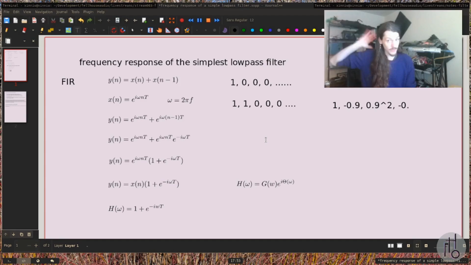Uses a bunch of data from the prior input samples, and we would get a steeper cutoff frequency. The downside to that is because we had to use so much prior sample information, we're introducing a lot of delay into our processing. And at a certain point, if you want a really steep cutoff, you're going to get a noticeable amount of latency from the signal that you're sending in.